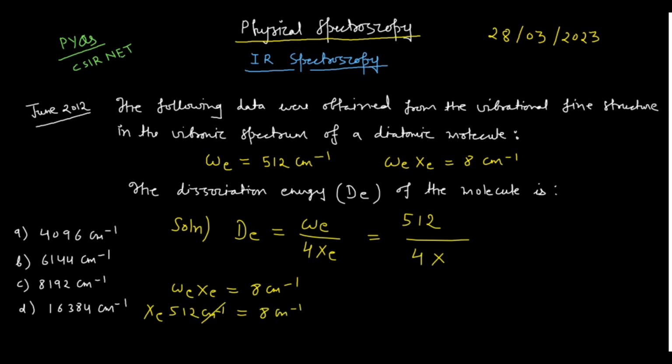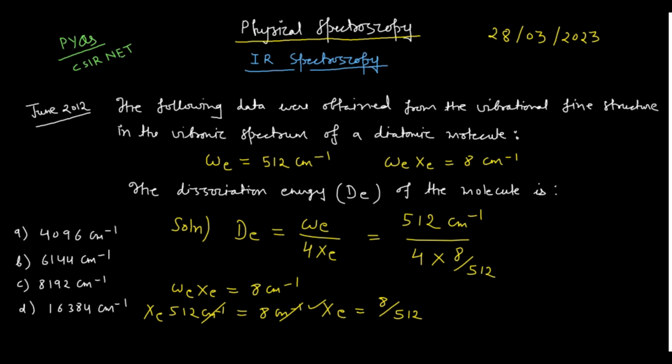The centimeter inverse and centimeter inverse cancel out, and the value of XE is basically 8 by 512. So instead of XE, you can write 8 by 512, and this is given as centimeter inverse.